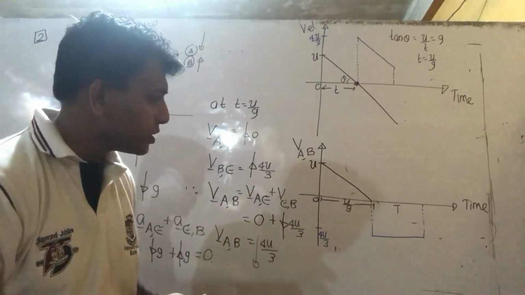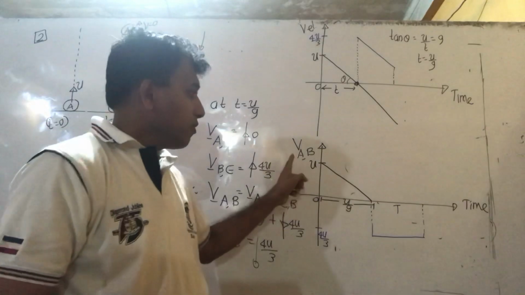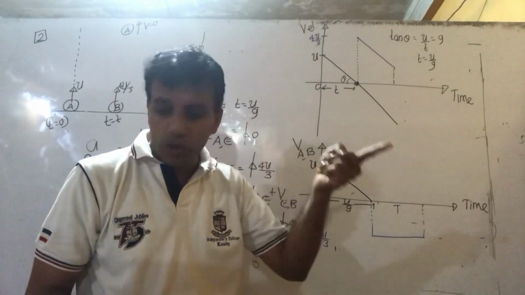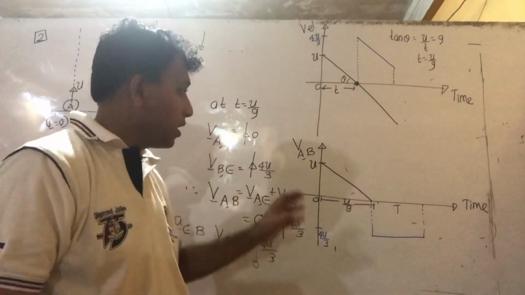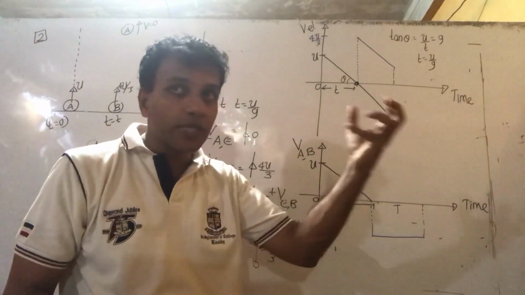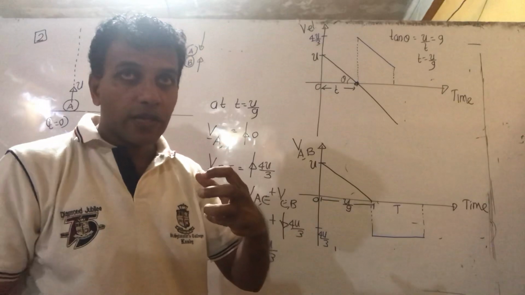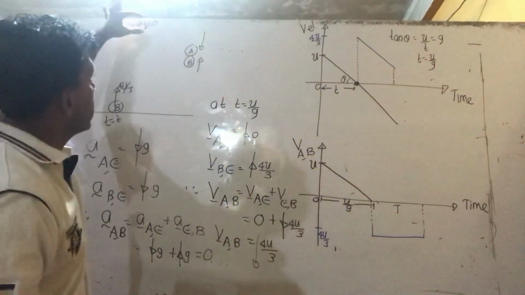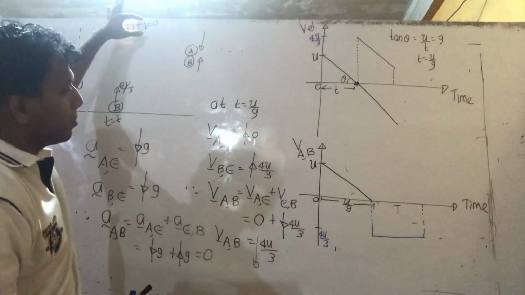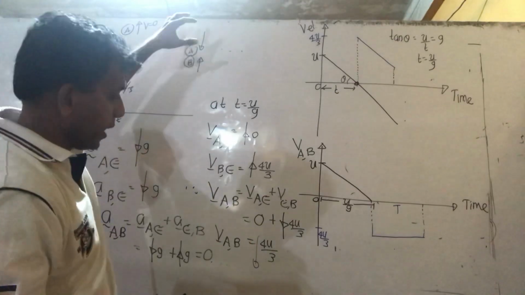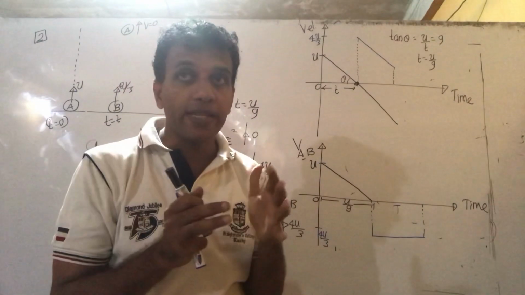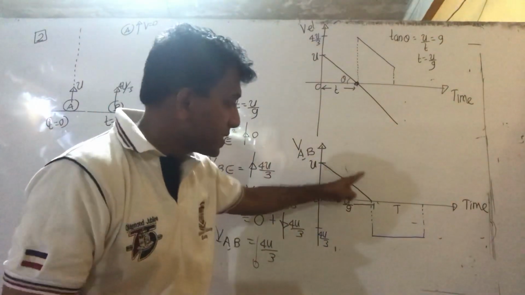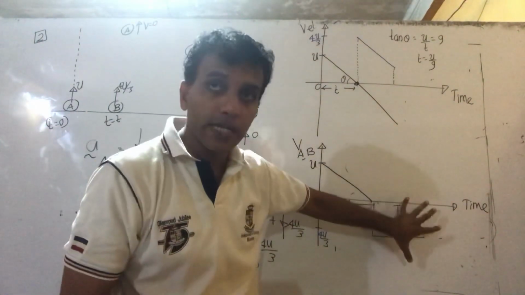The idea here is like the earlier question, the ring problem, question number 1. B is at rest, A comes and collides with B, so the distances are equal: this distance equals this distance.